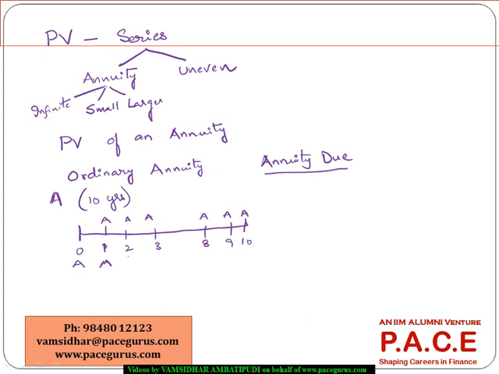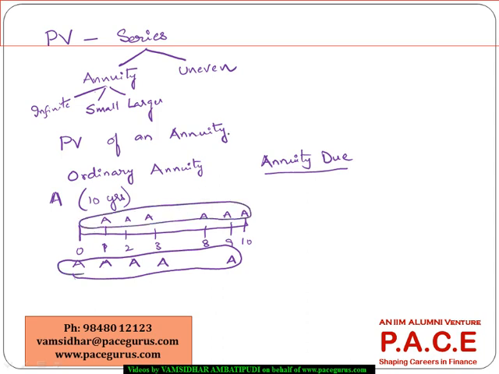So at the beginning of the first, at the beginning of the second, which is at the end of the zeroth, end of the first. So the A is going to come only up to here, which means the payments are slightly faster in this case compared to this. And as we have just now discussed, as n is going larger and larger, the present value is coming lesser.